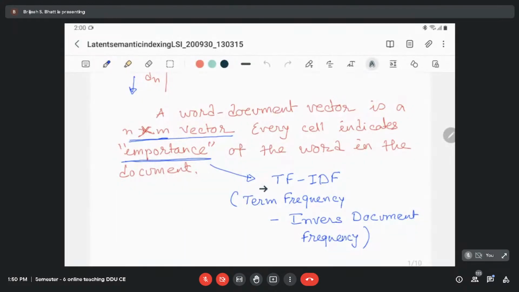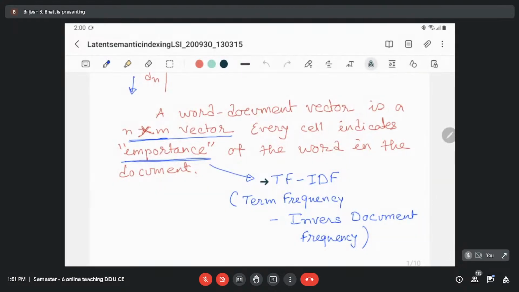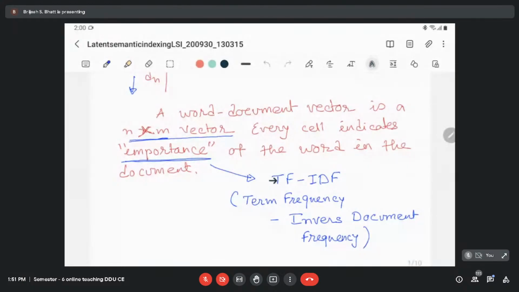If you want to talk about the game of cricket, then articles like a and the would occur more frequently than words like batting, bowling, fielding. Because every sentence needs a verb, auxiliary verb, an article. These are common in all sentences. So just counting frequency would not help.